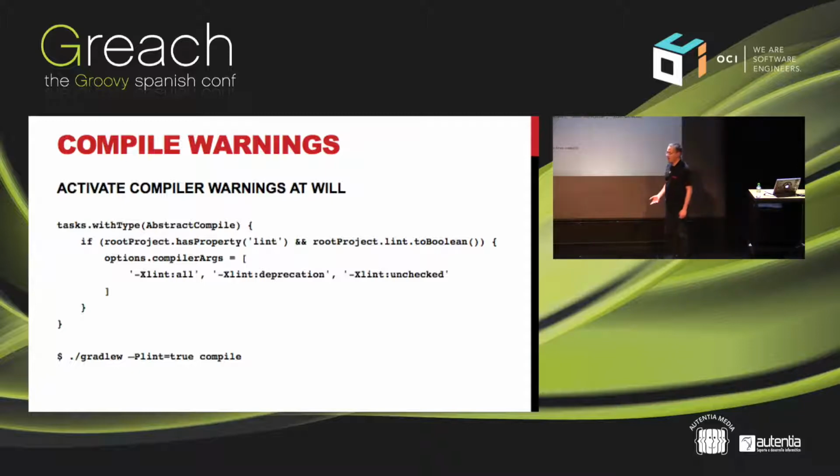right? Now, can you figure out why I'm doing this? Is there a reason to do this in Groovy? I mean, we're passing through true, so that should be true, right? And if I say -Plint=false, that should be false, right? No, you say it's not. Why? Because it's a string.